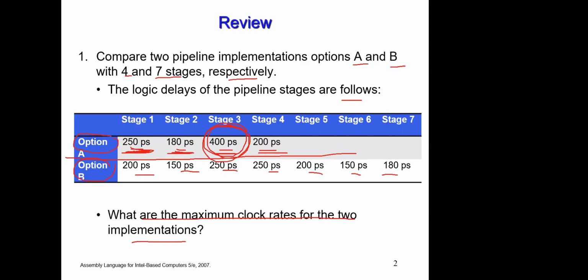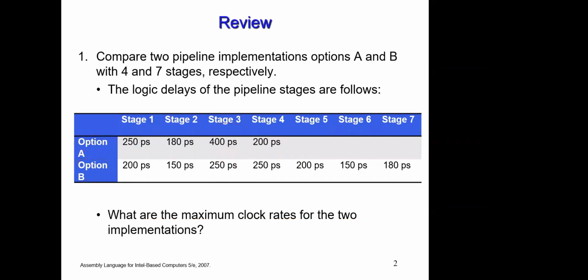How about for option B? Same concept. We have 200, 150, 250, 250, 200, 150, 180. Which one is the maximum? You'll find that we have here the 250. So basically, the clock rate will be 1/250.